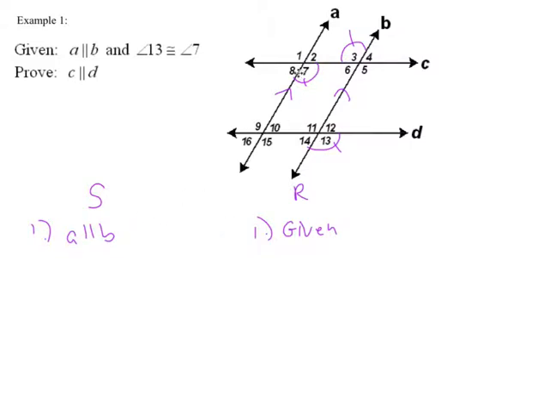I'd like to say, because A is parallel to B, that angle 7 is congruent to angle 3. In order to do that, I have to first say that they are alternate interior angles. So I'm going to do that. Angle 3 and angle 7 are alternate interior angles.